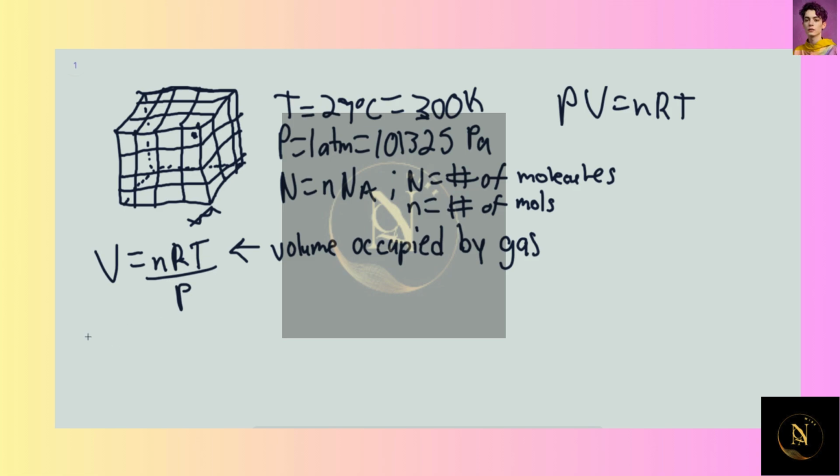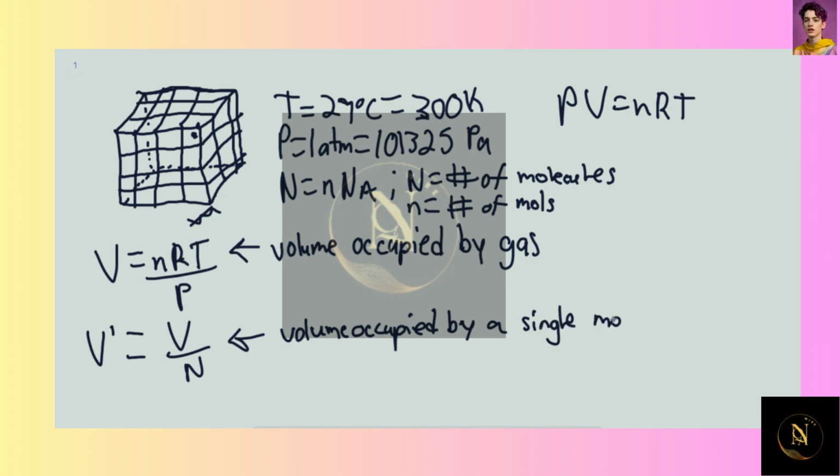And we can define V prime as V over N, which is going to be equal to the volume occupied by a single molecule. We're dividing the total volume occupied by the gas by N, the total number of molecules, so V prime is the volume occupied by a single molecule.